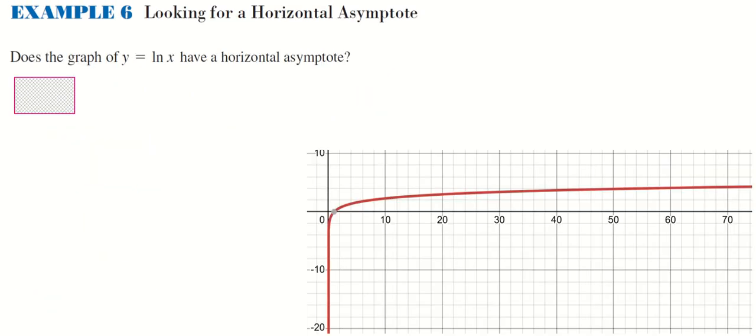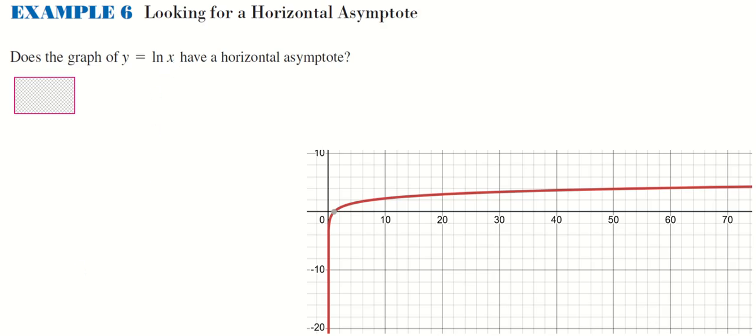Example 6. Does the graph of y equals the natural log of x have a horizontal asymptote? See, this example cannot expect me to go into why it does or why it doesn't, because we don't know what this function means, like what this function is doing to whatever input you plug in.